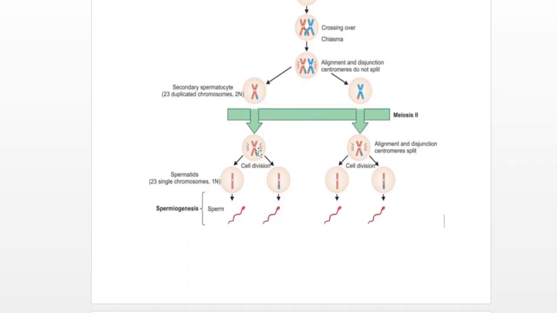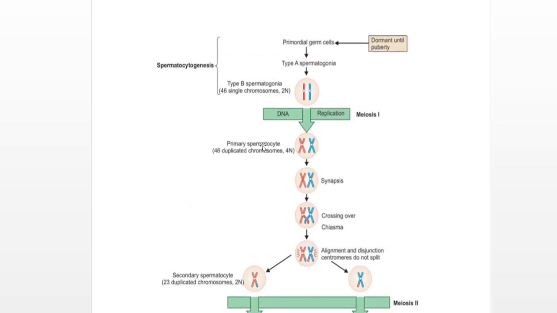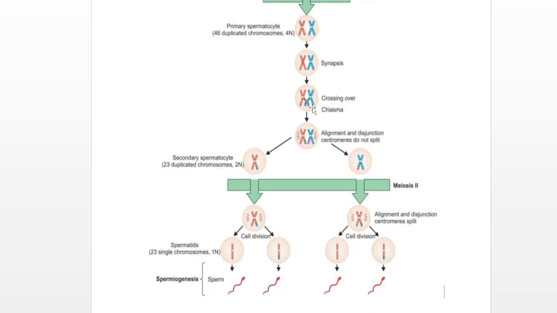The secondary spermatocyte then undergoes a series of developmental changes to form the spermatid. Both the secondary spermatocyte and the spermatid are haploid. So in spermatogenesis, a single primary spermatocyte produces four spermatozoa.